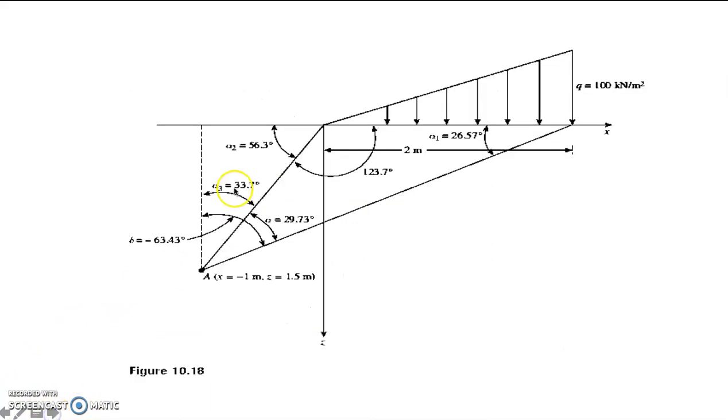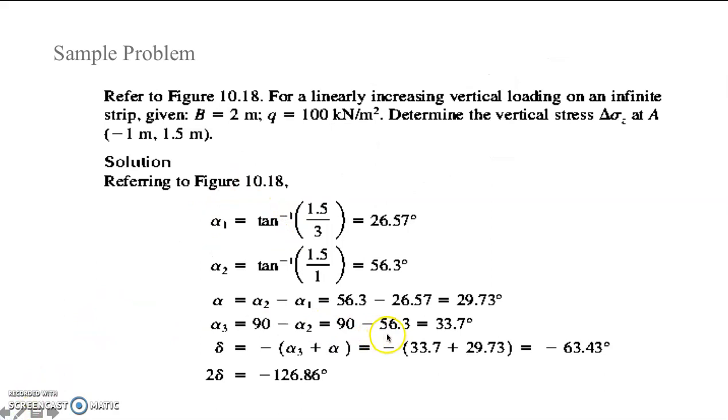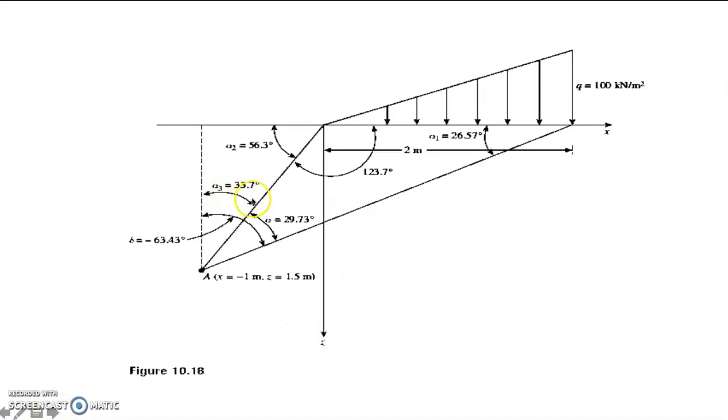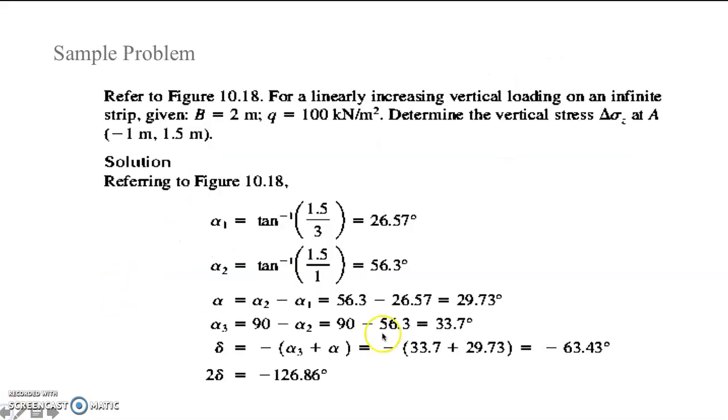Now you can get your alpha 3, from this figure. This one would be 90 minus 56.3, because this one is 90 degrees, so 90 degrees minus alpha 2 gives alpha 3. So that is 33.7 degrees.